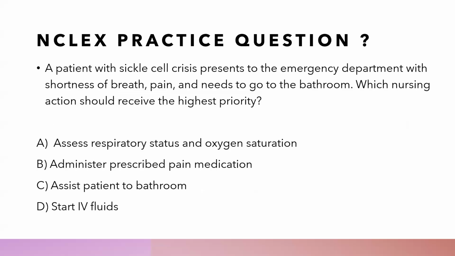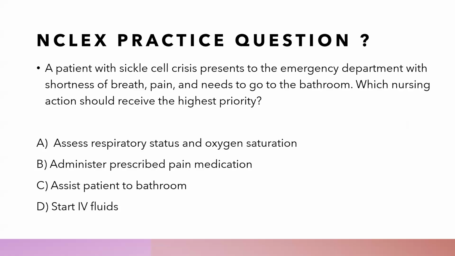A patient with sickle cell crisis presents to the emergency department with shortness of breath, pain, and needs to go to the bathroom. Which nursing action should receive the highest priority? Remember Maslow's hierarchy of needs, and remember the ABCs. Our biggest priority, especially if they're in sickle cell, is not going to be whether or not they get to the bathroom right at this moment.